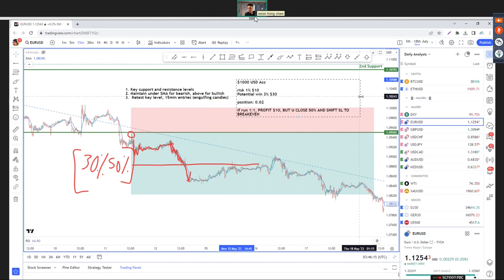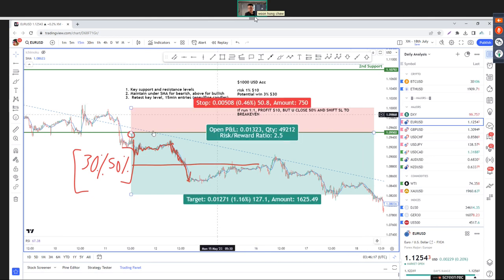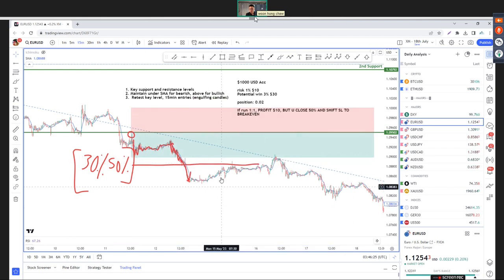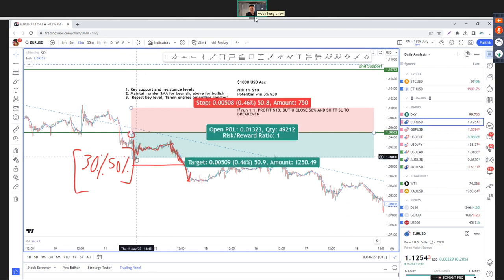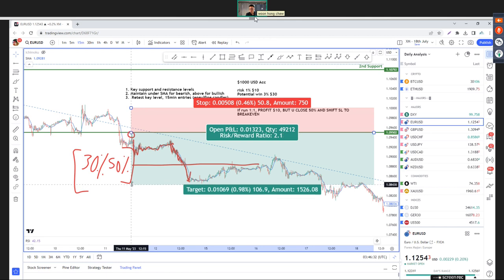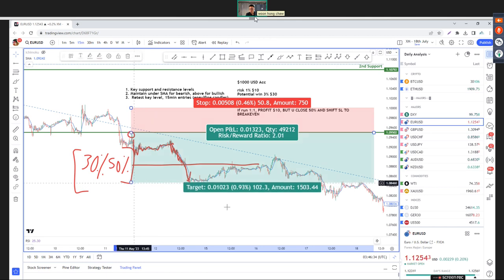Okay, so this is what you did. You run 1 is to 1, so basically at maybe 50 pips, you shift your stop loss to break even. Basically your target is 1 is to 2. So let's say 1 is to 2.